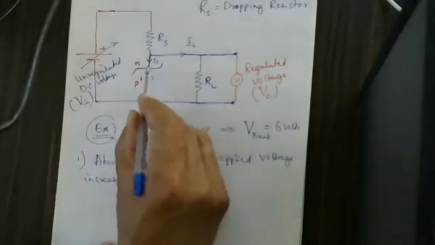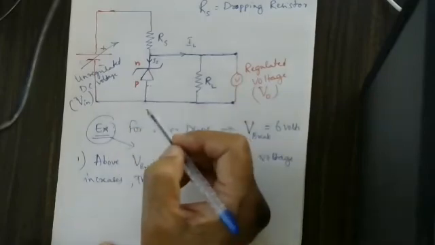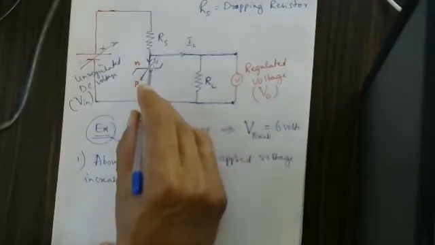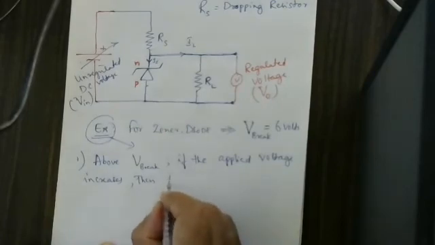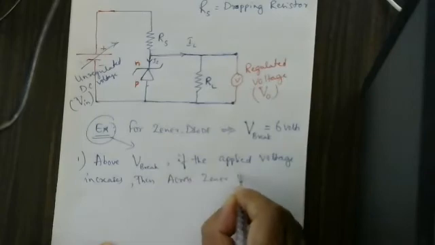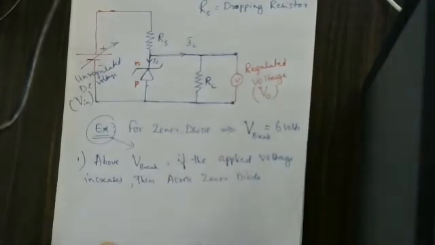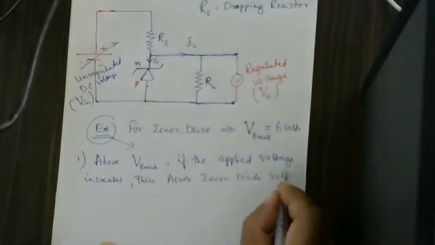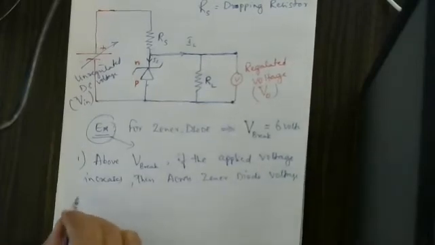Across the Zener diode, this voltage is VZ. Then across the Zener diode, voltage remains the same.